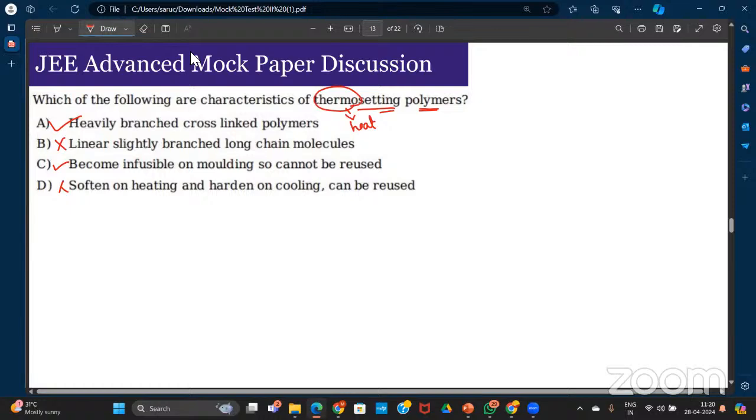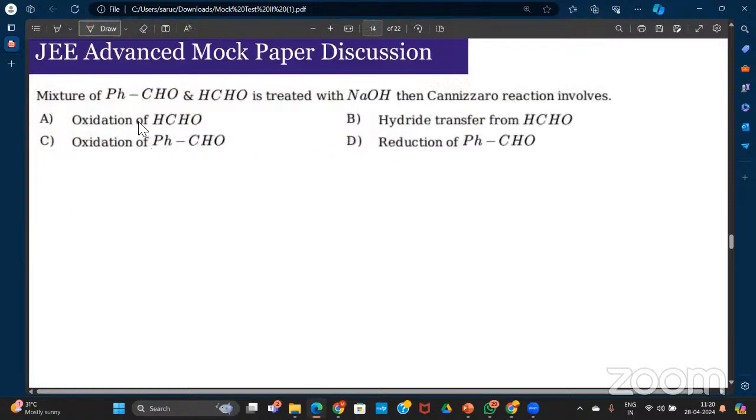Okay, fine. Next is a mixture of PhCHO and HCHO treated with NaOH, then Cannizzaro reaction involves. So what is the Cannizzaro reaction? It is where both oxidation and reduction take place.